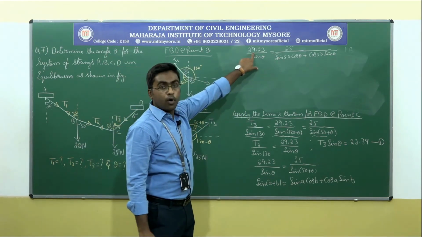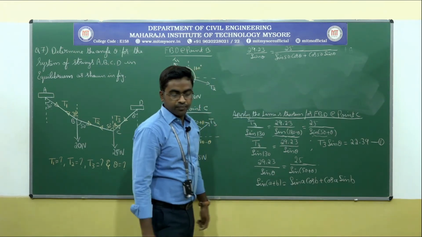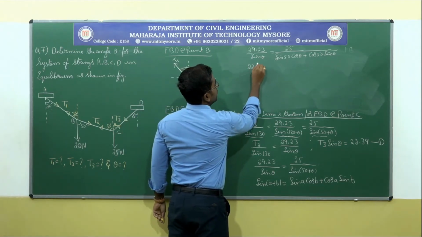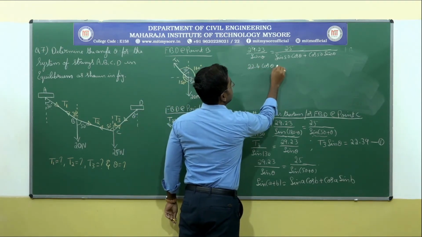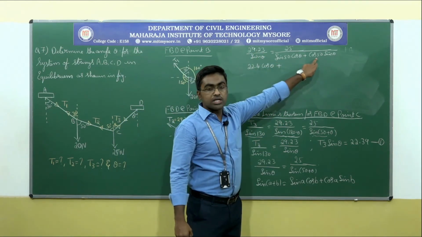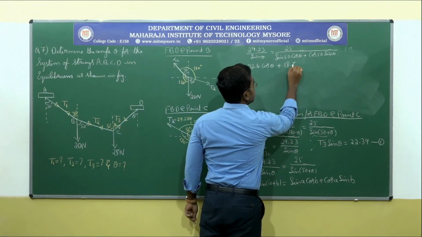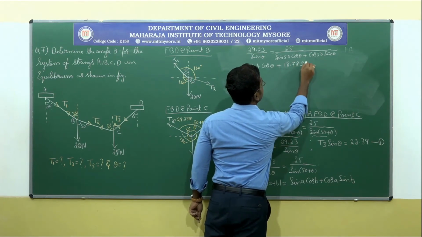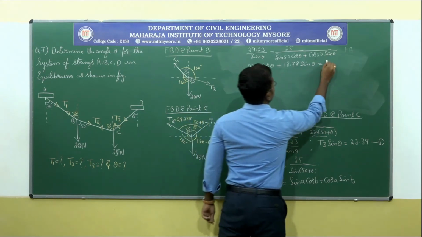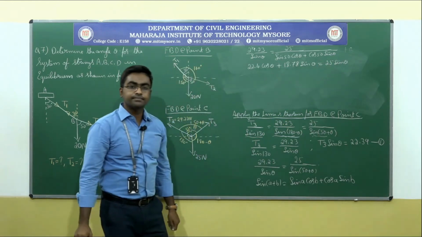So 29.23 into sine 50 will be equal to 22.4 cos theta plus 29.23 into cos 50, which is 18.78 into sine theta, will be equal to 25 sine theta, right?